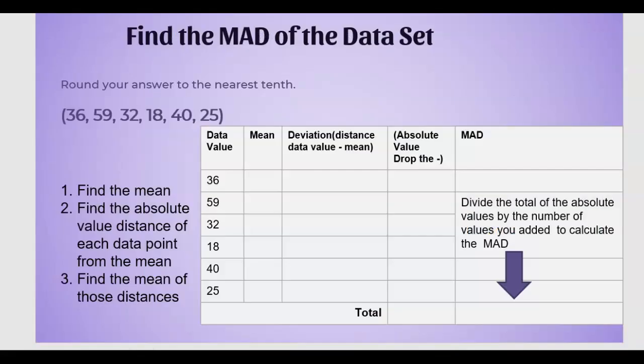Okay? Let's try another one. Round your answer to the nearest tenth. So here, I've put all my data values in here. So let's find the mean of this. If we add up all these numbers, 36 plus 59 plus 32 plus 18 plus 40 plus 25, what do we get?